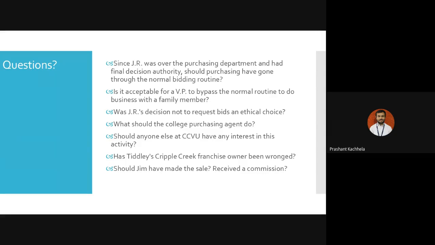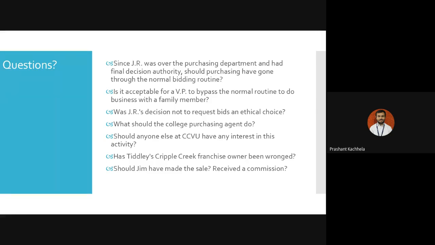So he has complete rights to do that? The final decision is obviously going to be taken by JR as he is the VP. So do you think the purchasing should have been done through the normal bidding routine as well?